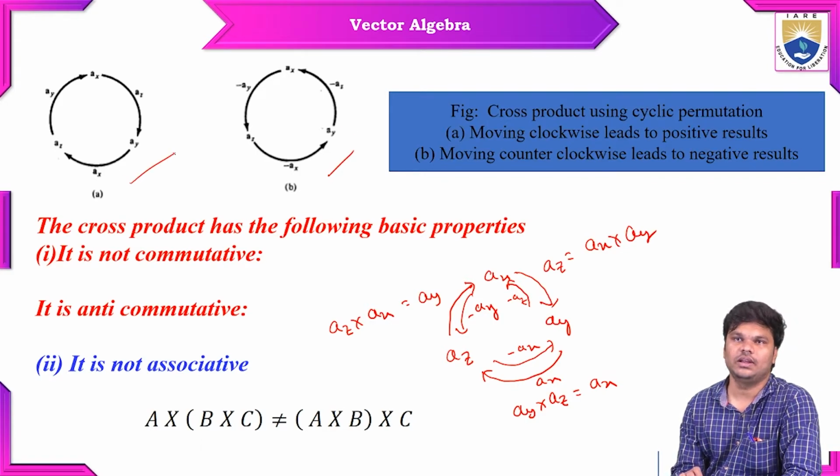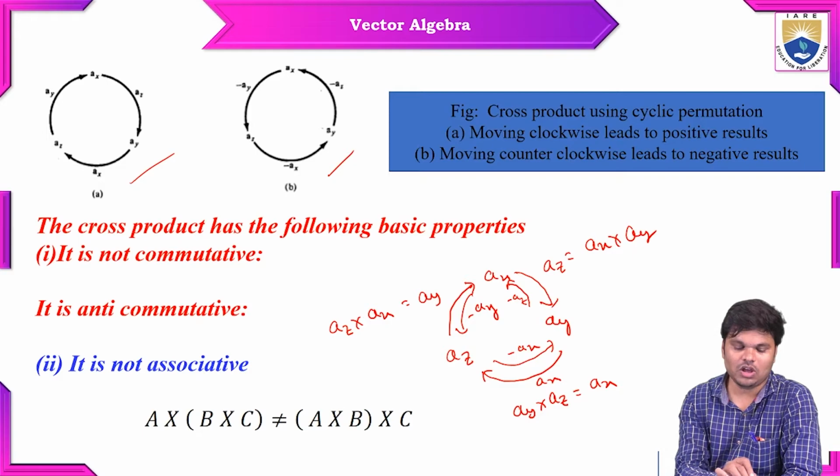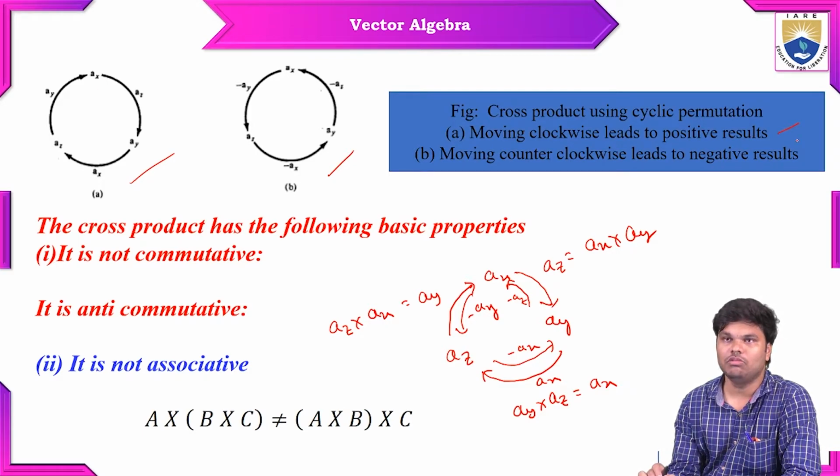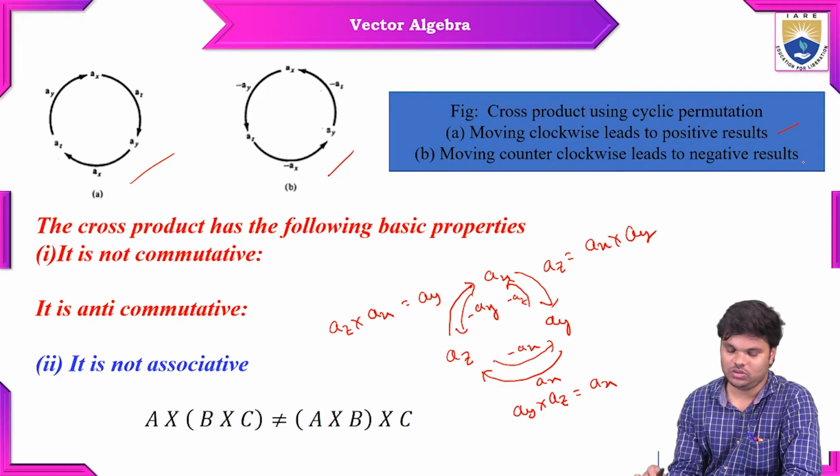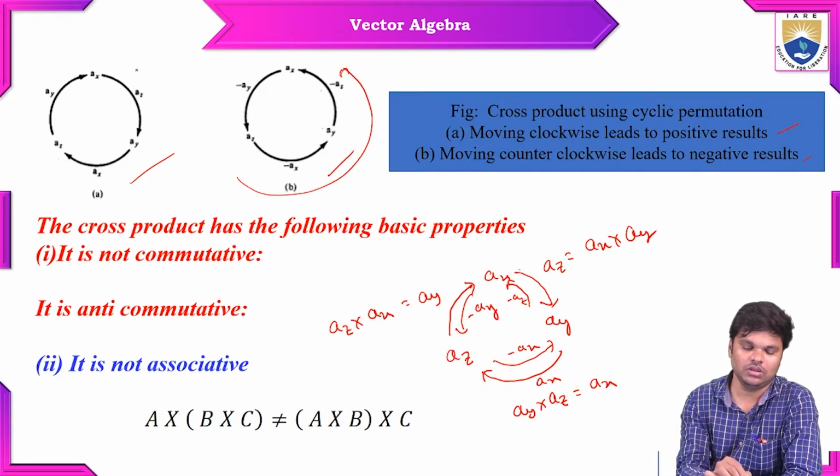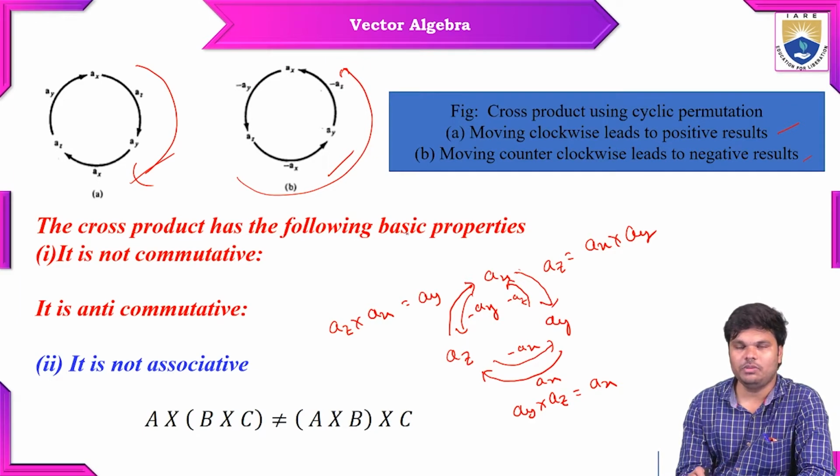That is what is drawn here, right? Moving clockwise leads to positive results. Moving counterclockwise leads to negative results. When we move in the clockwise direction, it leads to positive results. When we move in the anti-clockwise direction, it leads to negative results, right? The cross product has the following basic properties. It is not commutative, it is anti-commutative.